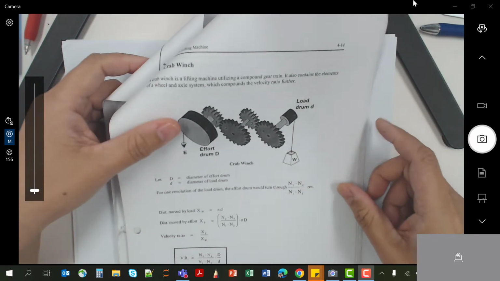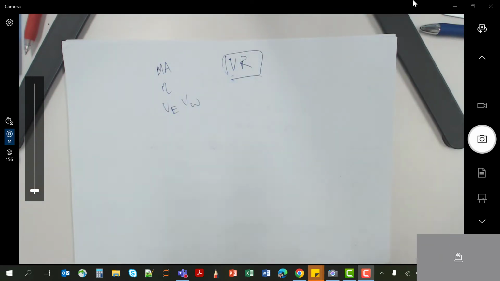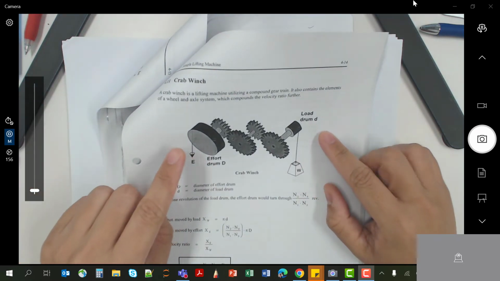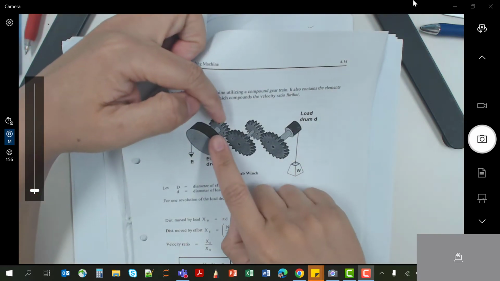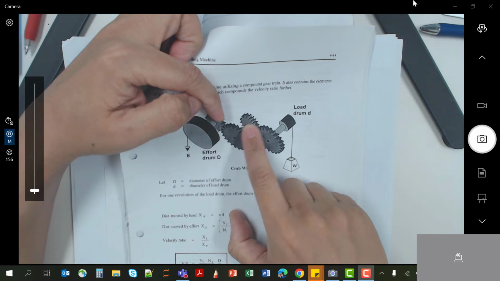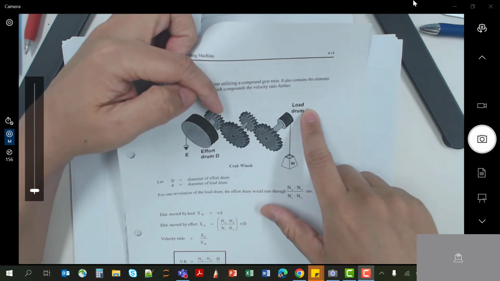And for a typical crab winch, looking like this, from the effort side to the load side, the effort side starts from gear 1, which is connected to gear 2 and gear 3, and then gear 3 is connected to gear 4 on the load side.